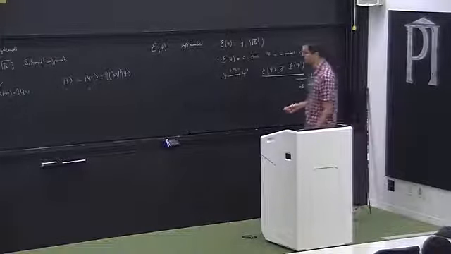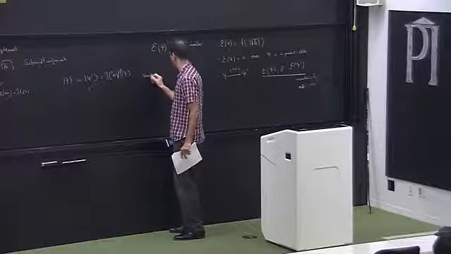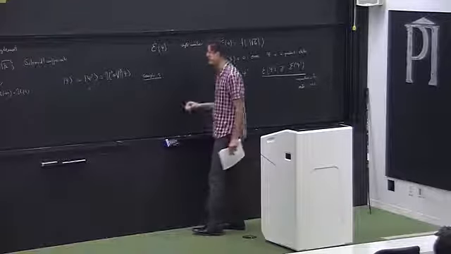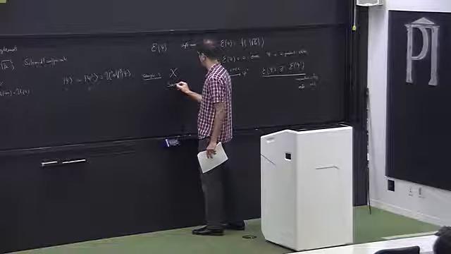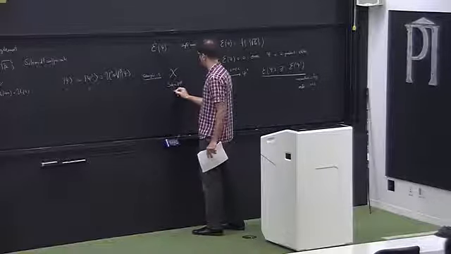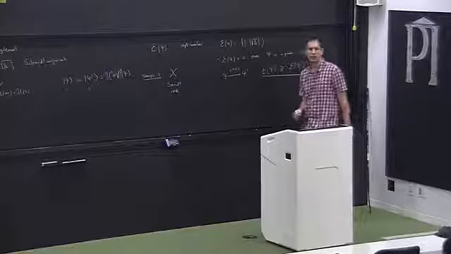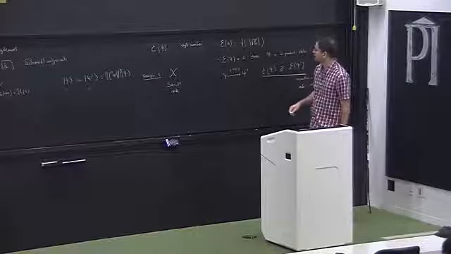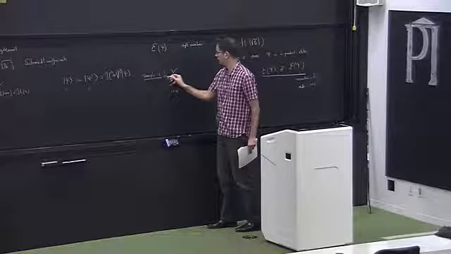Let me give you an example. The first example we'll consider is precisely the Schmidt rank, the number of non-zero singular values in the singular value decomposition. Sorry, the log of the Schmidt rank.